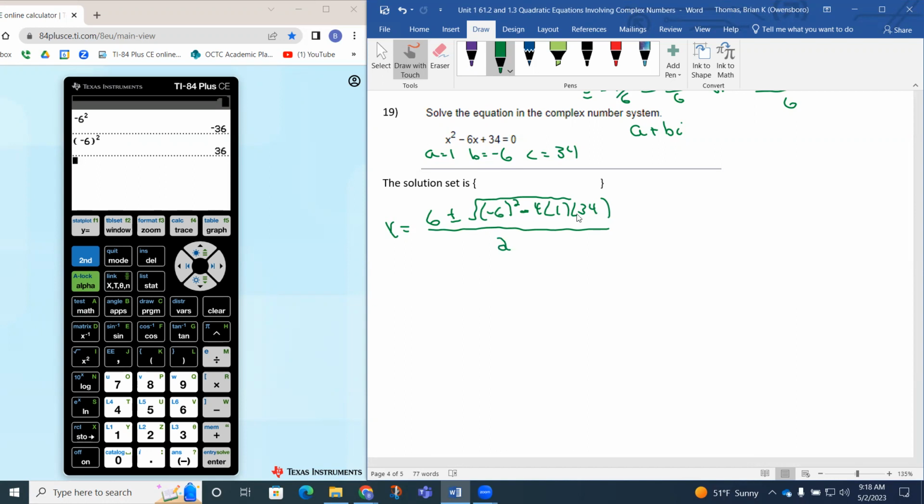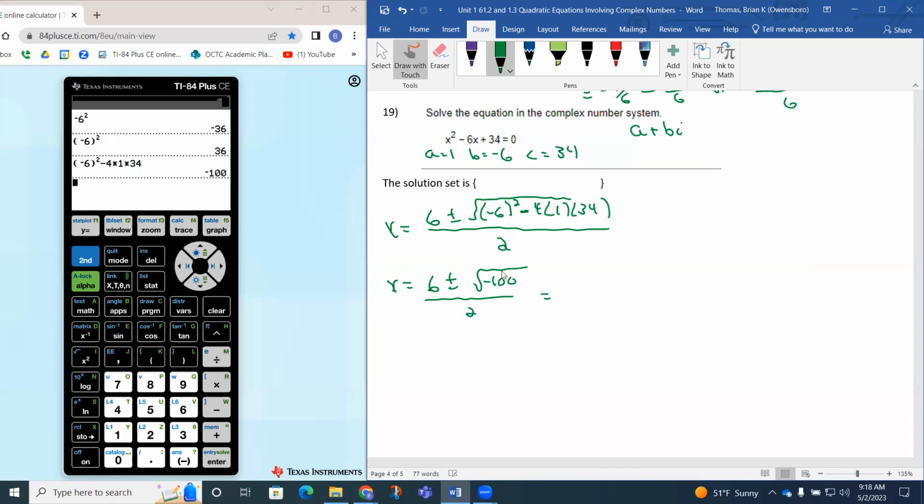So again, the key is simplifying what's inside the radical. I have this in parentheses, (-6) squared minus 4 times 1 times 34. Hit enter, and it gives me -100. So x equals 6 plus or minus the square root of -100, divided by 2.